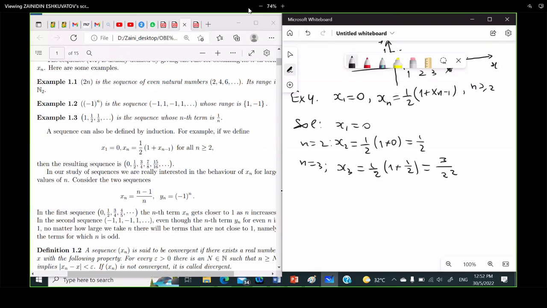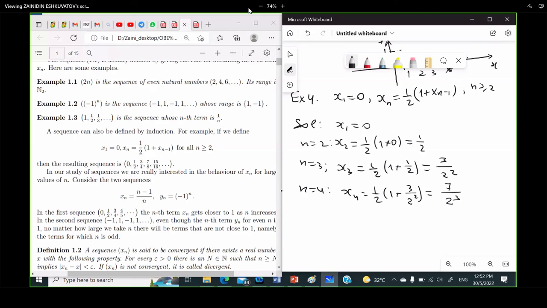Correct my calculation if wrong. One more: x4 is 1 over 2 times 1 plus 3 over 2 squared, so it is equal to 7 over 2 to the power 3.